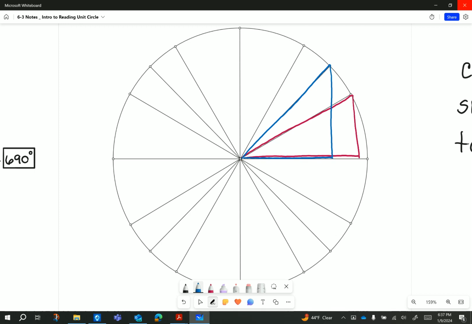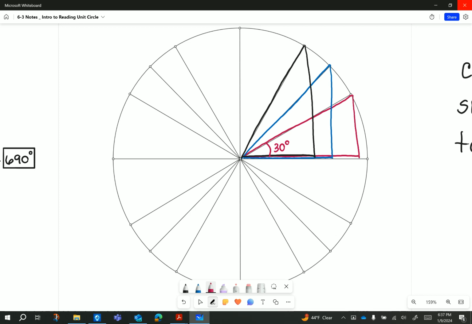As you work your way through this right triangle business, each one of these segments is the hypotenuse of a triangle, and it works its way all around. You will notice that they alternate between the two special rights. If you guessed that the red one was a 30, 60, 90, you are correct. This angle right here is 30 degrees.